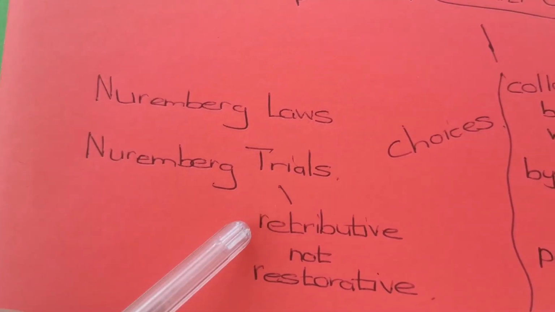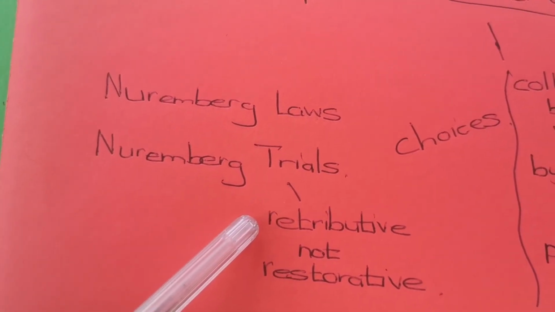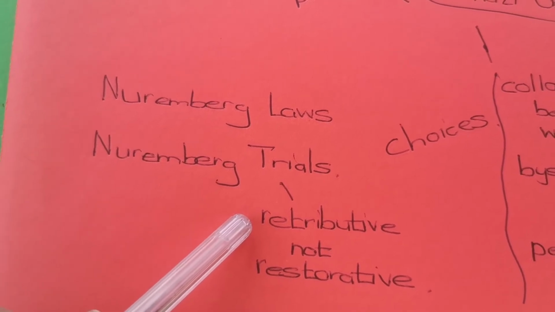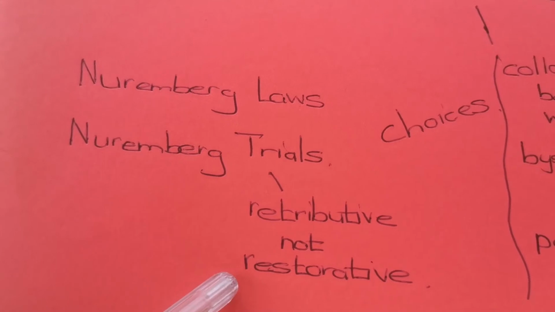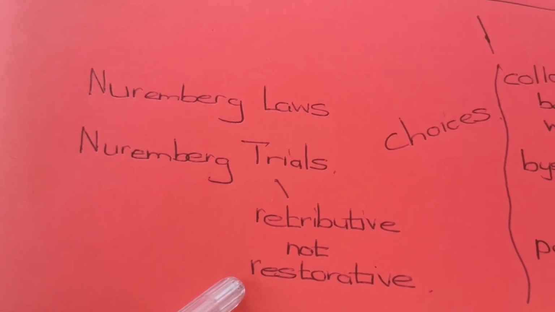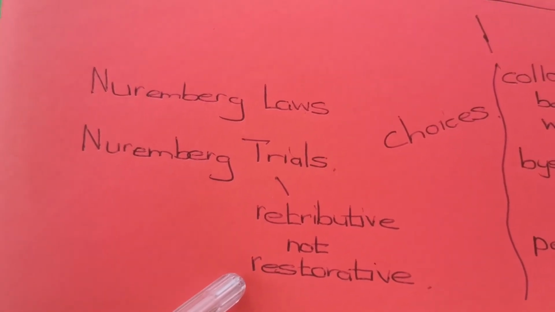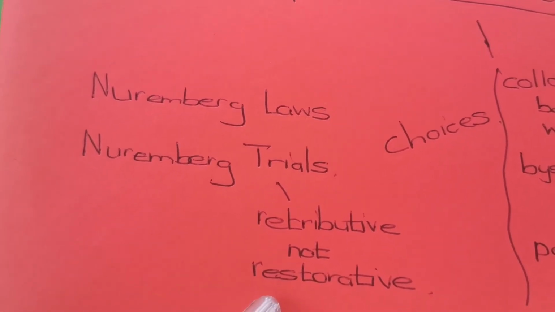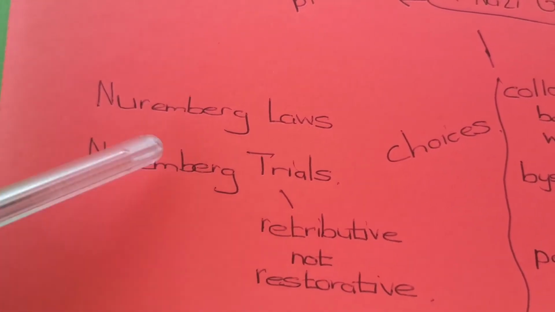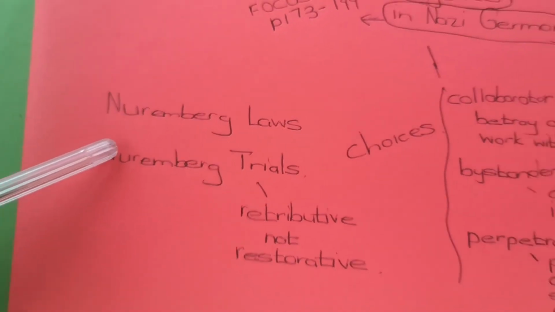And there they used retributive justice, that is an eye for an eye, tooth for a tooth. You should be killed if you were guilty of killing others. They didn't use restorative justice, which is an approach that South Africa took in the aftermath of apartheid, where you try to restore relations. And so we must make sure we don't get those two confused.